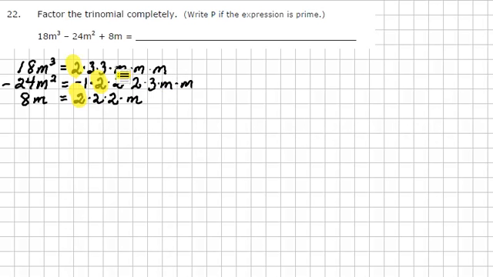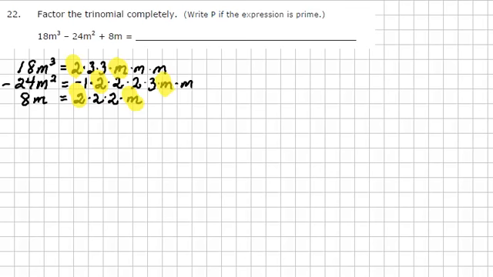Then we look for our variable factor, or common factor, and we see that each has a factor of m. And although the first and second terms have more factors of m, the third one doesn't, and so m is the largest variable factor. So what is our greatest common factor? Well, the greatest common factor is 2 times m, because each of the terms has that as a factor.